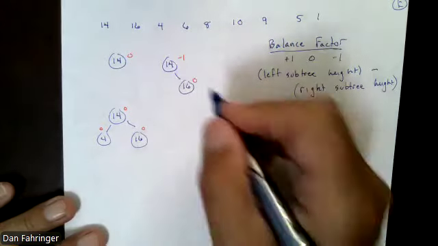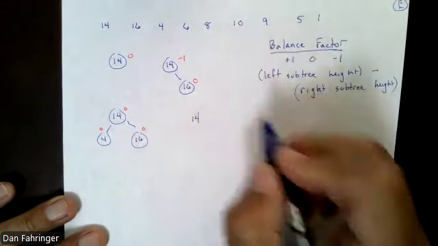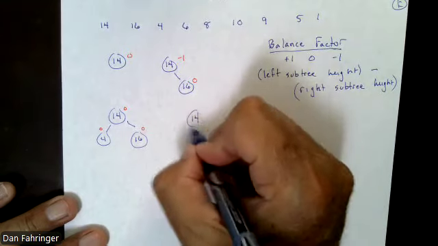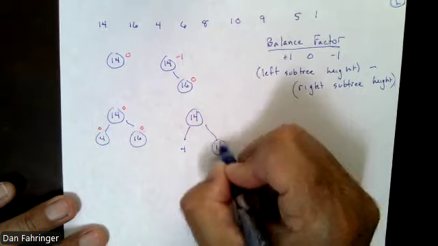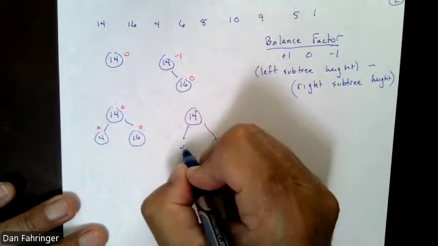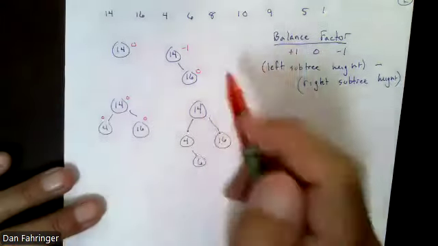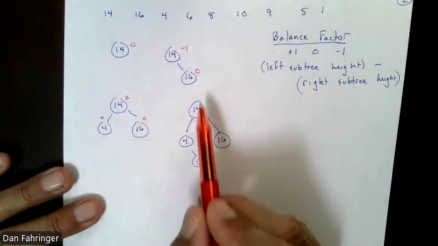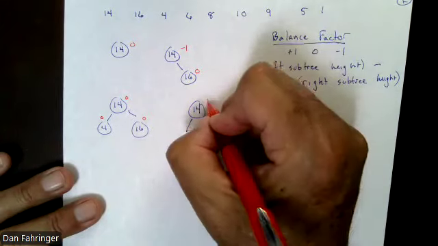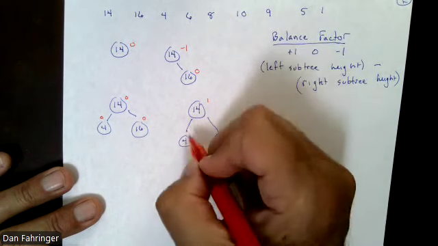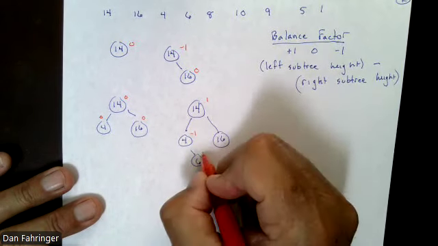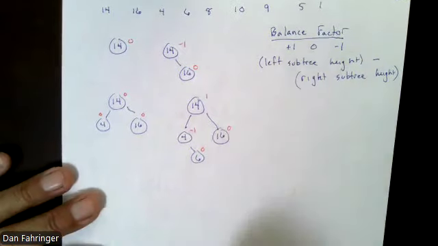The next number I add is 6. 14, 4, 16, 6. All right. Subtree height is 2 minus 1. That's a 1. 0 minus 1, -1. 0 minus 0 is 0.